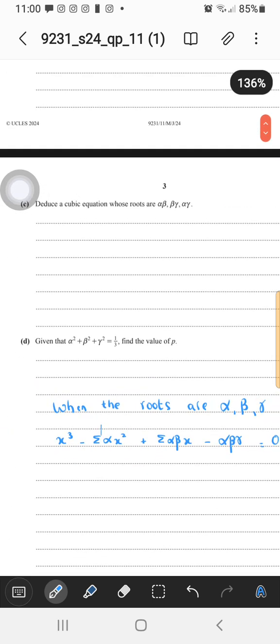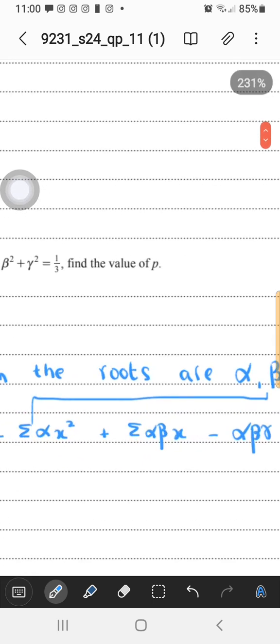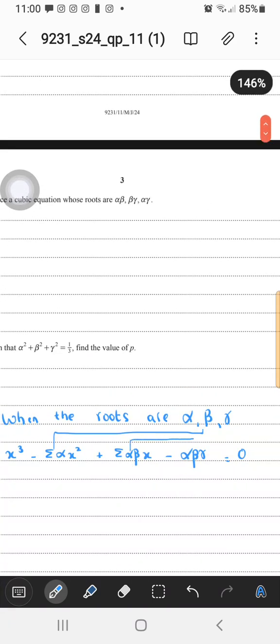Sum of alpha means sum of these three. Sum of alpha beta means sum of paired roots, like alpha beta, alpha gamma and beta gamma.